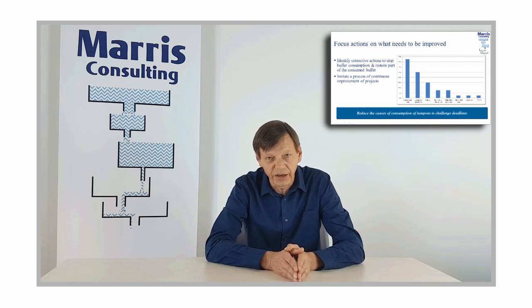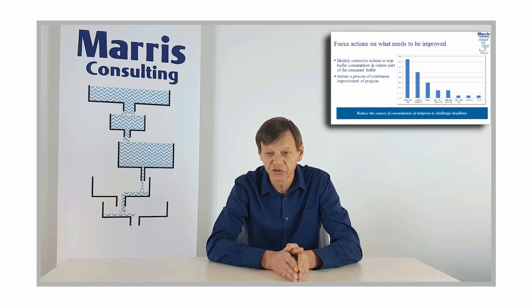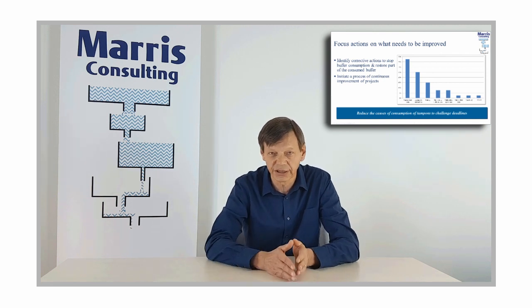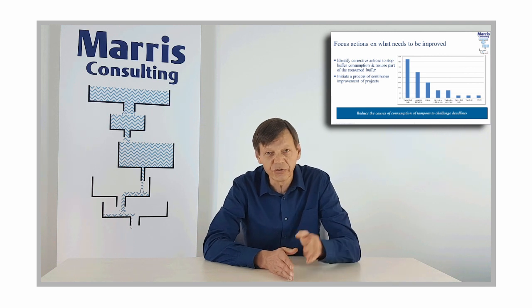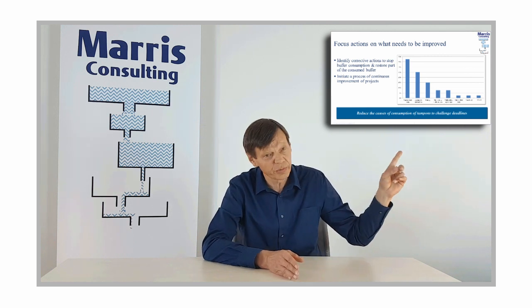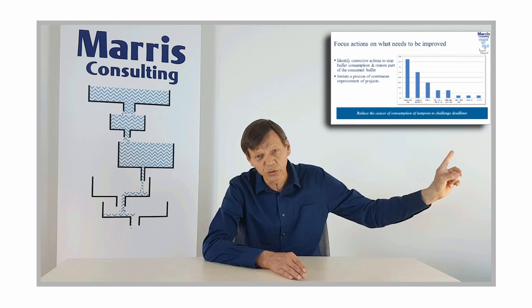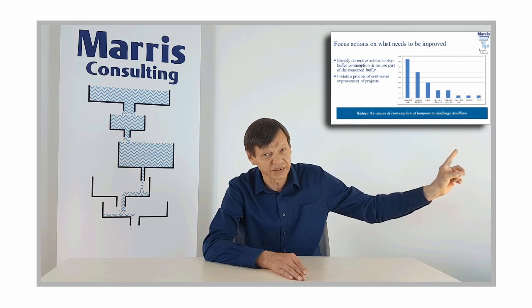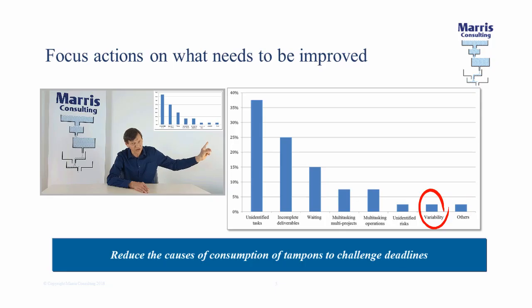Okay, now variability would have been what we would have expected as the main cause of project buffer consumption, right? It took me 5 days instead of 3 and all that stuff, right? Well, if you look at this particular graph, you'll see that variability is a minute source of delays, right? Variability is the 7th in the Pareto, not at all in the first bunch of 3, okay?